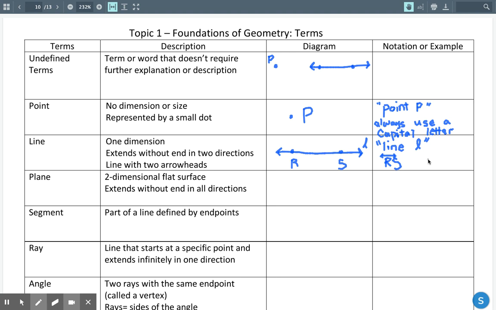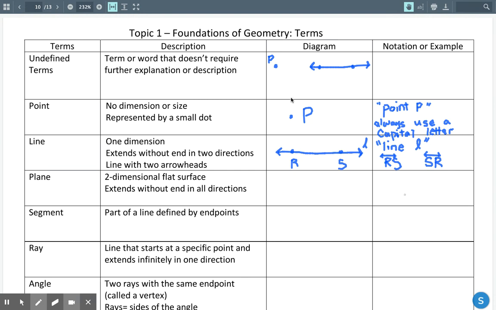But since a line goes forever in both directions, we can actually do SR as well. And that's totally fine. So hopefully that makes sense. Either way is good. Okay? So that's the definition of a line.